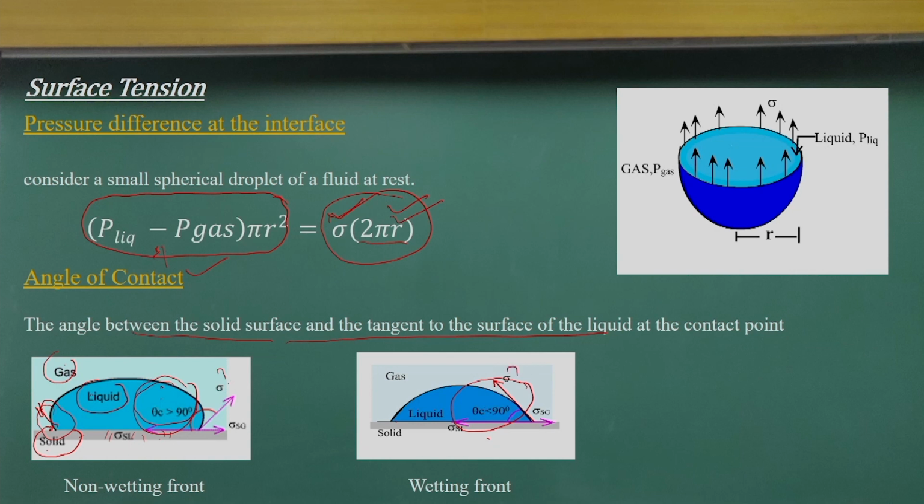This is mostly the resolution of the surface tension forces from the gas-liquid and liquid-solid interfaces. We are not going into more detail because that is mostly for chemical engineering, but here we will not go into more detail.